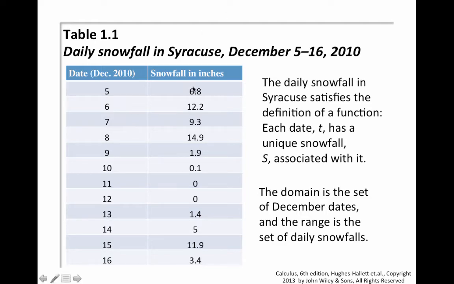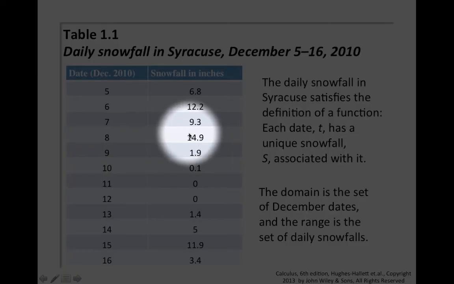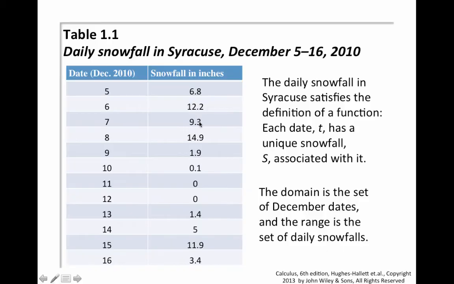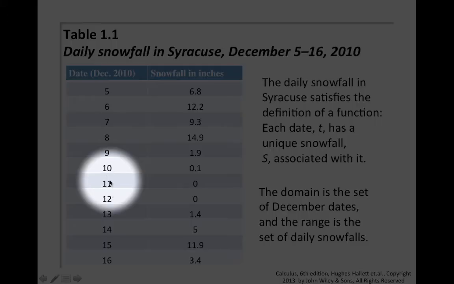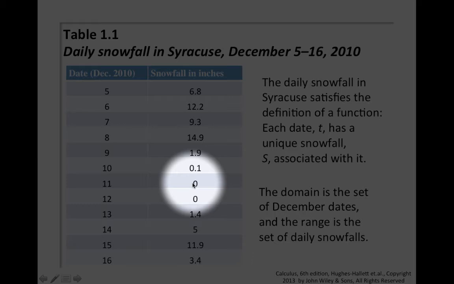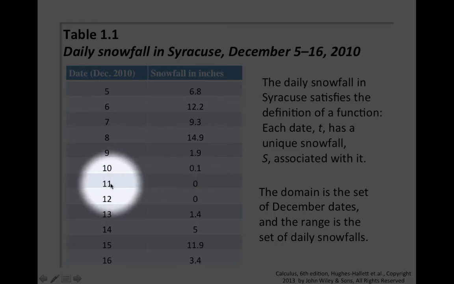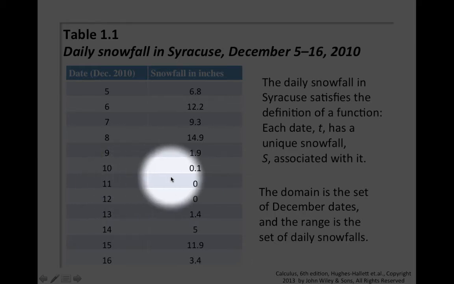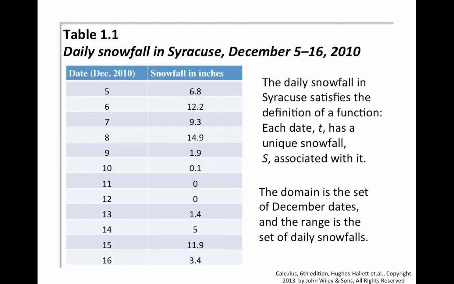Now you'll see that the range goes from 0 all the way to a high of 14.9 over these 10 or 11 days. But for each input, there's only one output. You can see that down here on the 11th and 12th, 0 shows up twice, but that's okay. For each input, each date, there is only one value of snowfall. It just happened to show up on 2 different days.